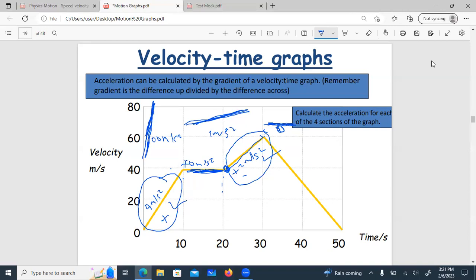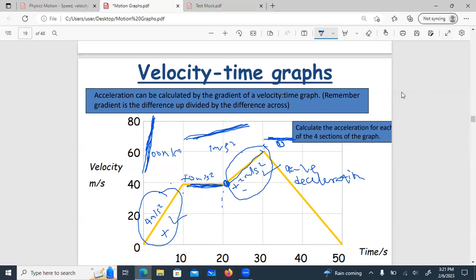But when the slope is going the other way, then our acceleration will be negative. Okay, our acceleration will be negative. Or you say we have deceleration. So, okay, let's calculate the acceleration here. Let's see if we get a negative value. And after that, we can now go ahead and calculate our deceleration.